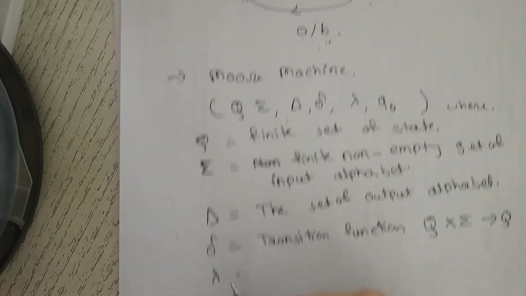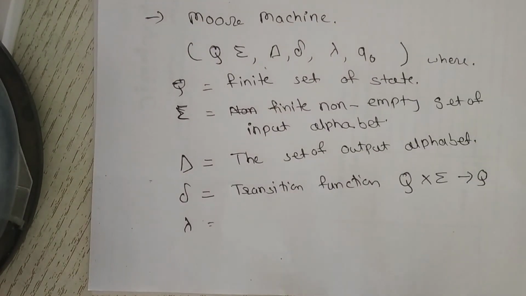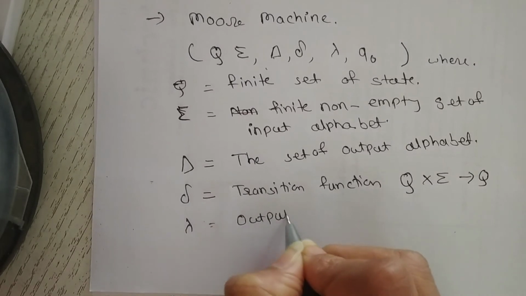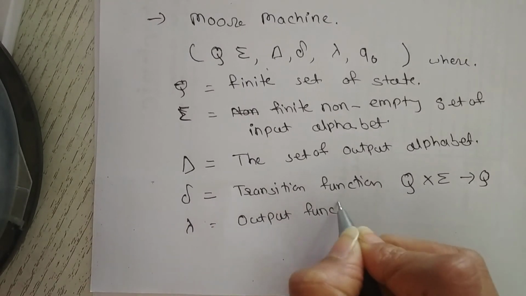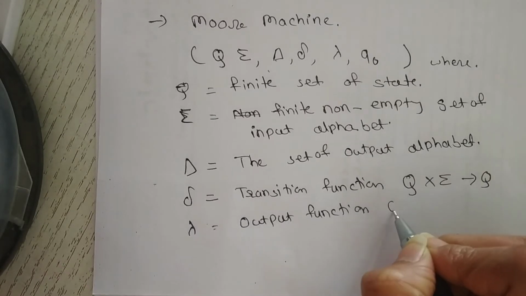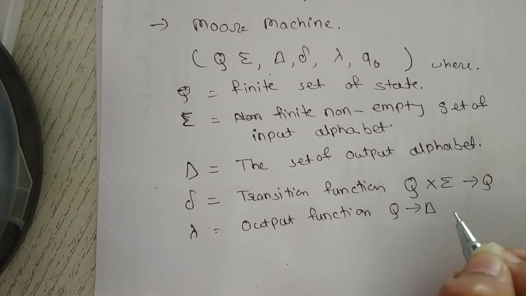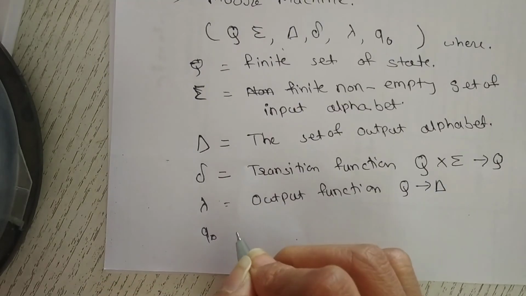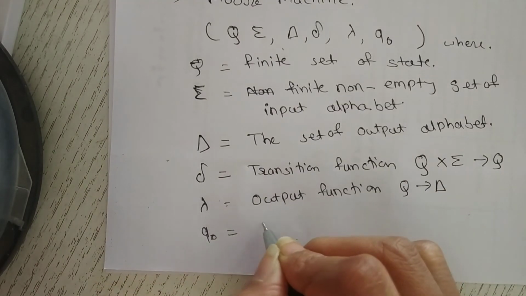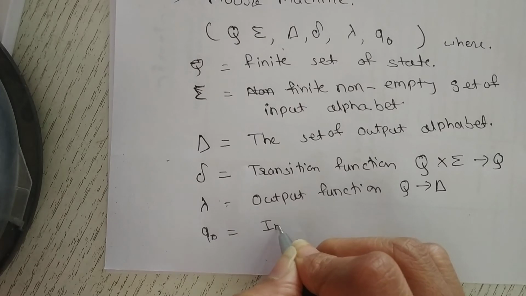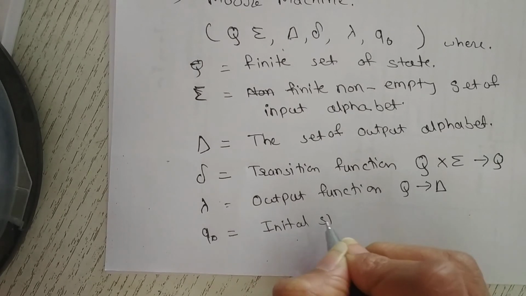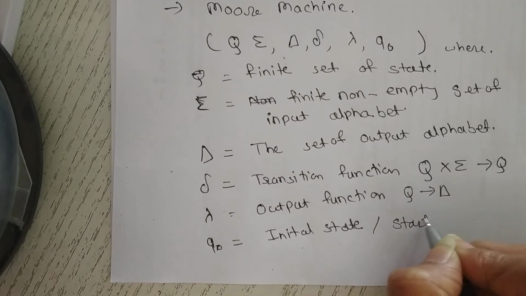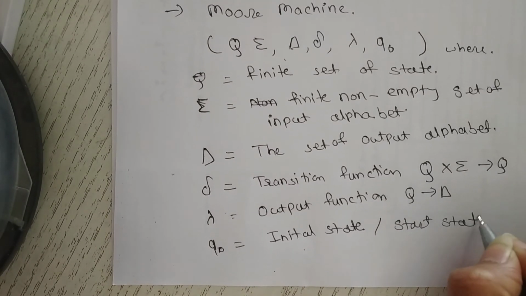Now lambda, let's mention here, lambda is the output function. Then finally Q0 is the initial state or starting state. Correct.